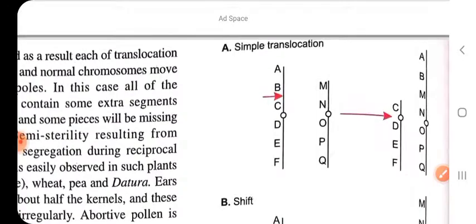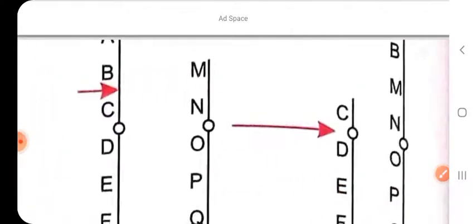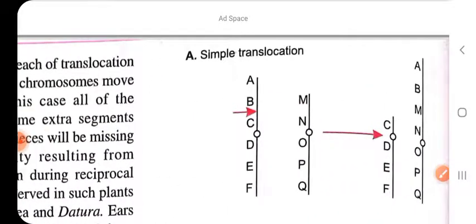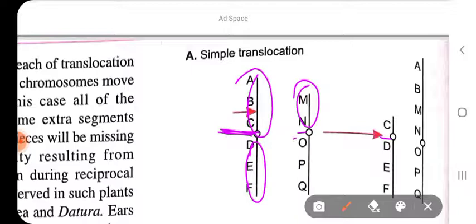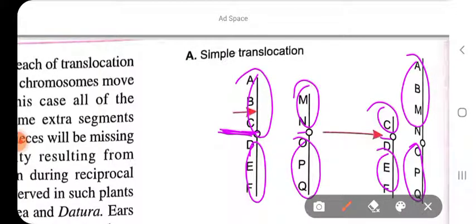So let us see the first one, which is simple translocation. As you see in the figure, the chromosomes have been represented very simply, just like a line. This represents the centromere, all these are centromeres, and these are the arms of the chromosome shown with a sequence of letters, showing the segments.